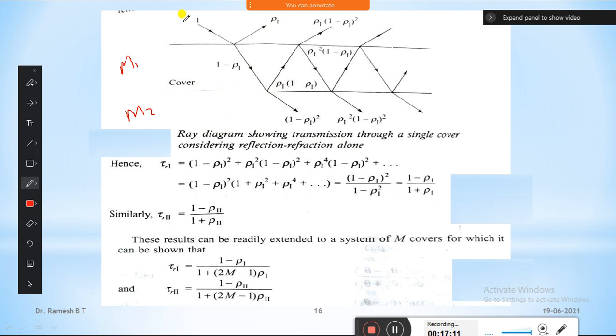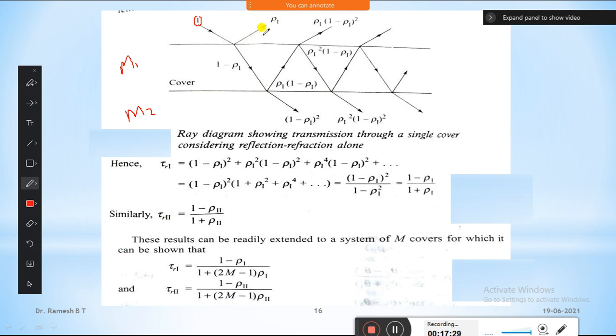First, the ray I is the radiation from the sun. It is beam radiation or direct radiation, falling on the glass, that is media 1, cover 1. In that, it will reflect and refract. Some amount will refract.